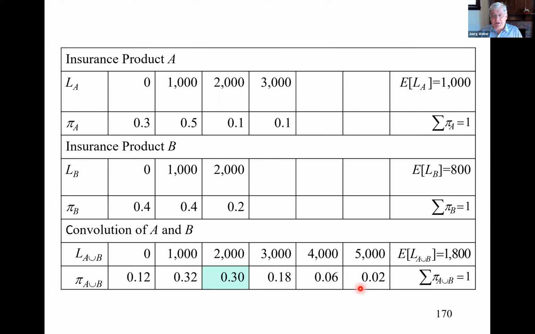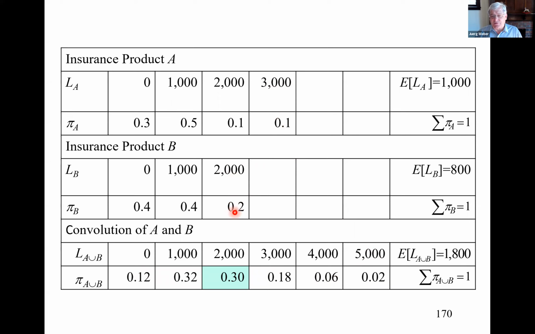Now, for example, the cell here, the highest overall loss of 5000, you will see directly here. In that case, you must have the maximum loss in product A of 3000 and the maximum loss in product B of 2000. The chance of this is 10% and 20%. So you multiply 0.1 times 0.2.